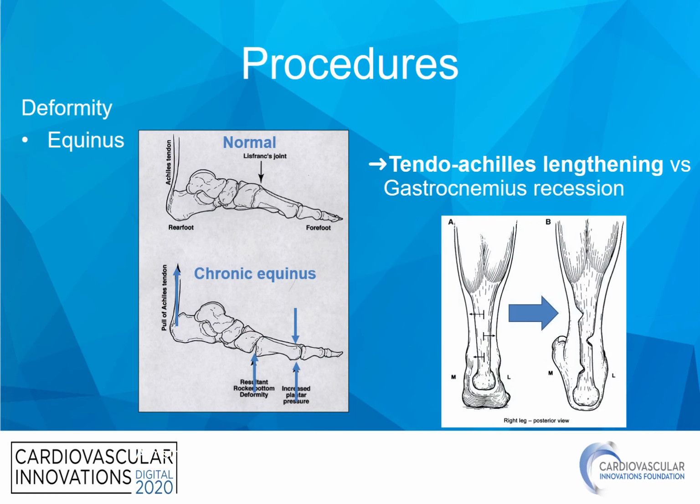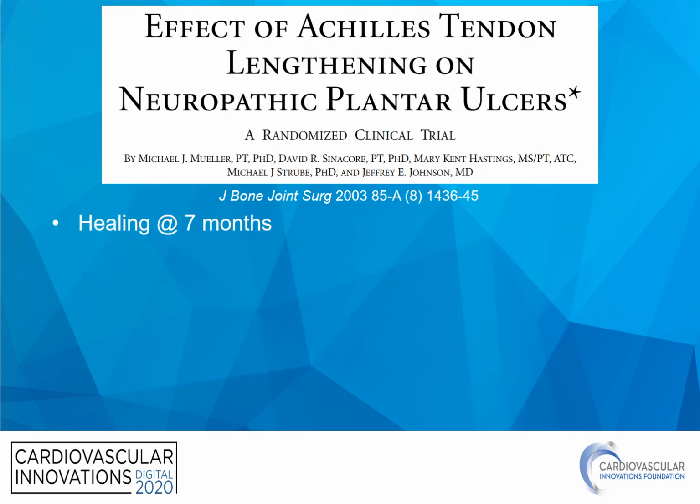And then this was studied by a classic paper by Dr. Mueller, and they compared total contact casting in both groups, but the surgical group received tendo-Achilles lengthening, and their forefoot ulcers were healed, all of them healed in 7 months versus just 88%, which is a sufficient group.